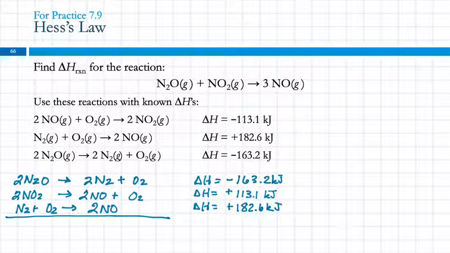So I need to multiply the equation by 2. So 2N2, 2O2 to 4NO. And then if I multiply the equation, I have to multiply delta H. Because twice as much stuff is reacting, so twice as much energy is changing.